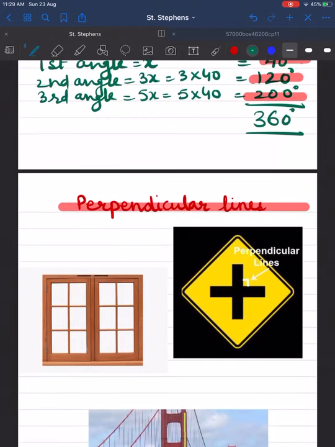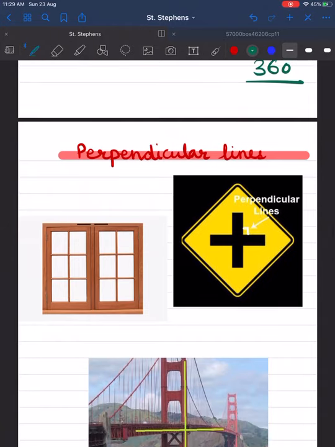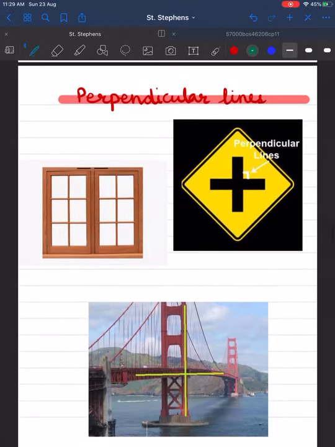Now children, let's learn about perpendicular lines. Now here are some real life examples of perpendicular lines, and we observe that perpendicular lines intersect each other at 90 degree.